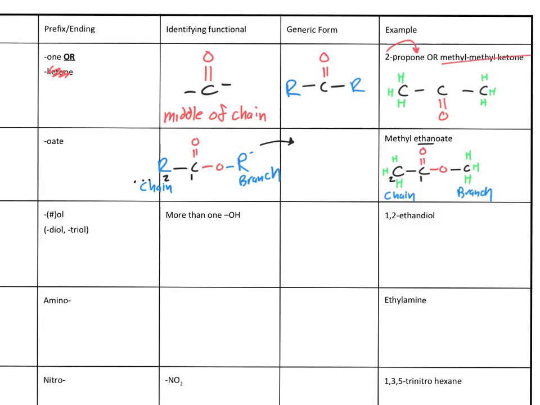So when we write out the ending for these, you use the number of OHs in front of the OL. So diol would tell me that there's two OHs. Triol will tell me that there's 3 OHs. So this is just a characteristic where the identifying functional group would be more than one OH.